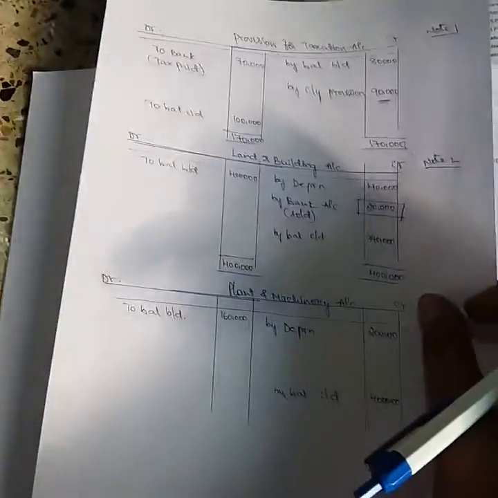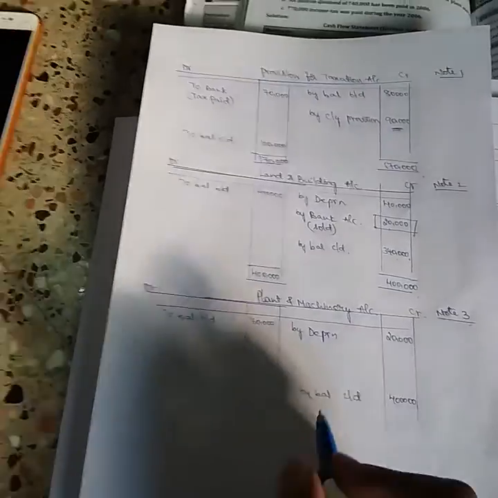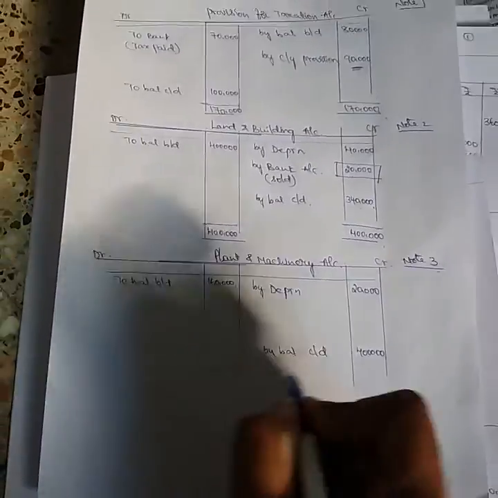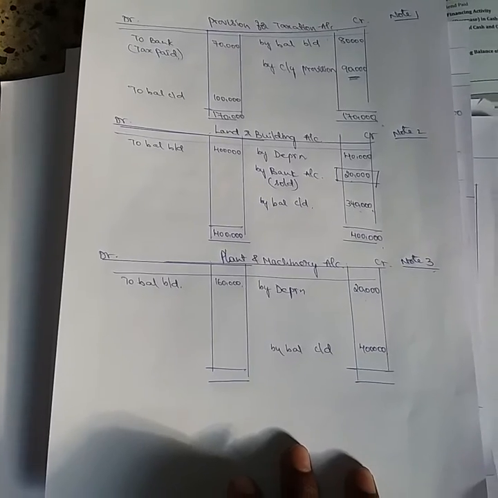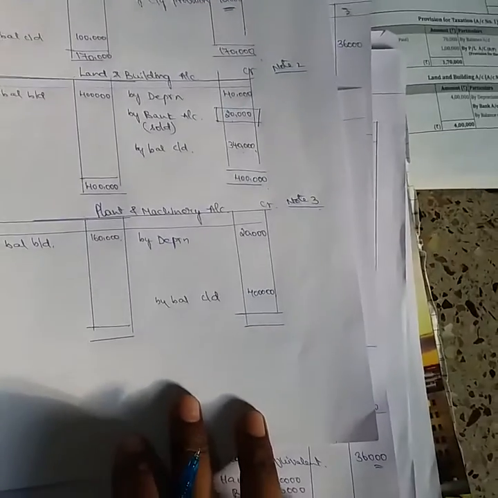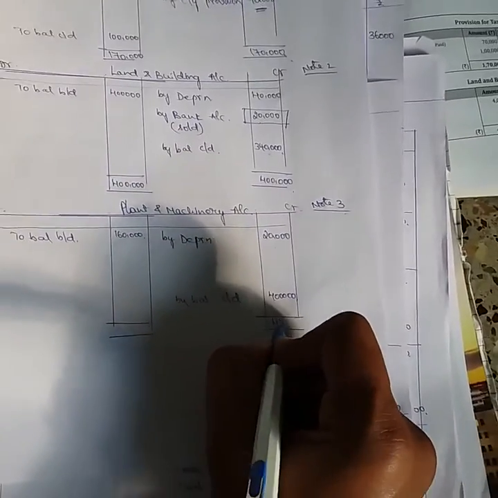Now I'll close the last ledger account, plant and machinery. Debit side 1,60,000, credit side 4,20,000. Credit side more, 4,20,000.